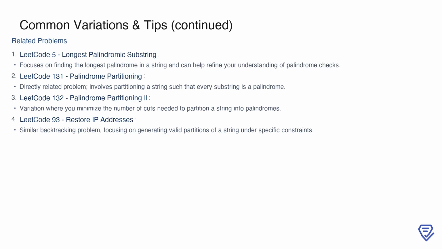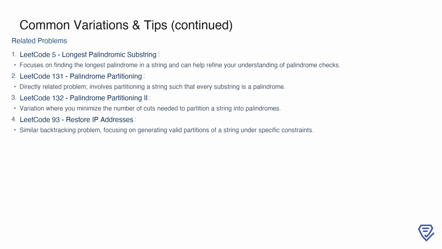This problem is closely related to several others that can deepen your understanding of similar concepts. For instance, LeetCode Problem 5, Longest Palindromic Substring, focuses on finding the longest palindrome within a string. Solving that problem can give you valuable insights into how to efficiently check for palindromes. Then, there's LeetCode problem 131, which is the very problem we're discussing, palindrome partitioning.